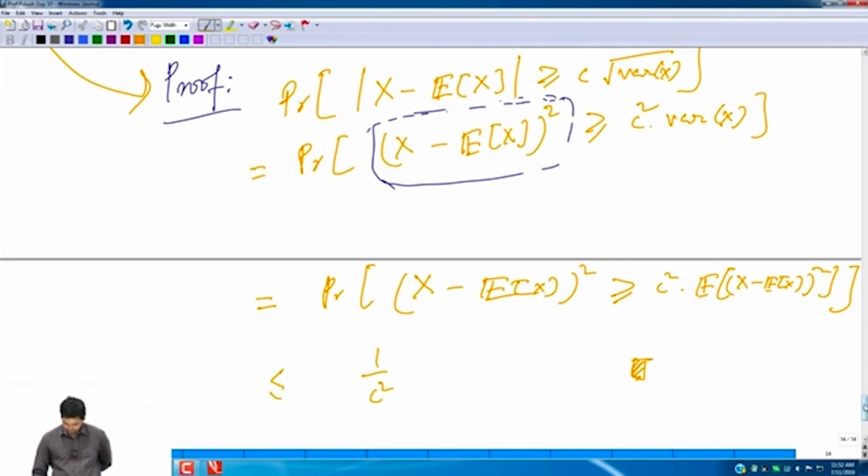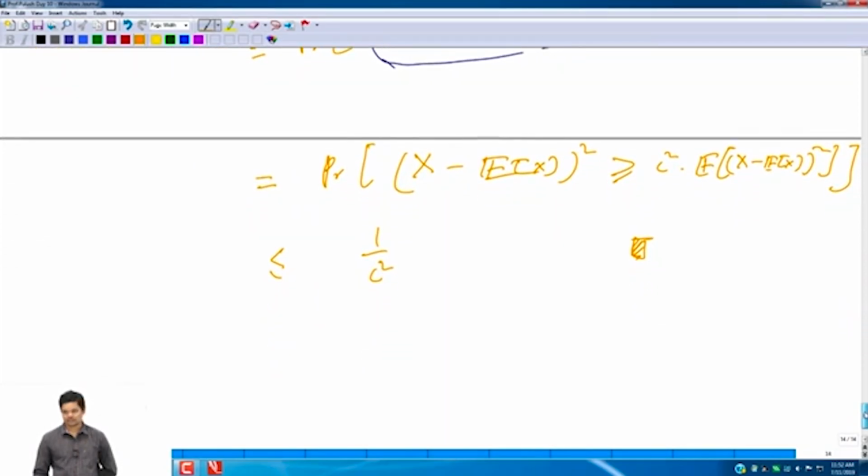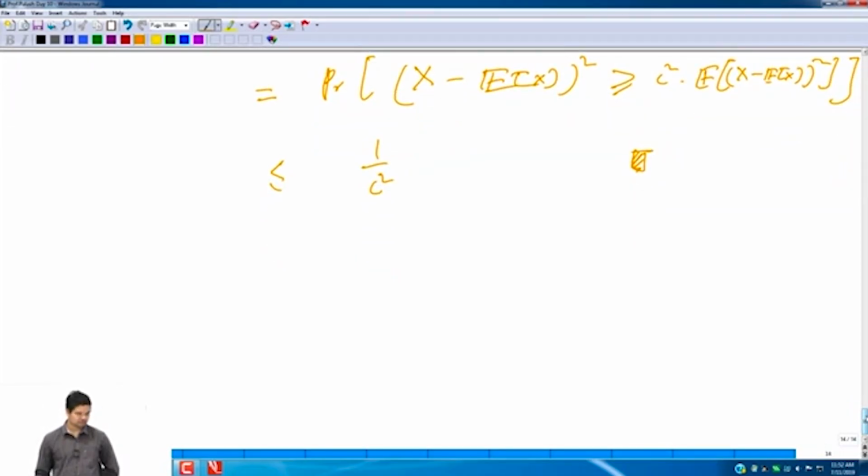Okay. Now let's see why we call it a stronger inequality than Markov. Let's see what concentration it gives for the coin tossing example. Sure. So for coin tossing, let's go back to the coin tossing example.